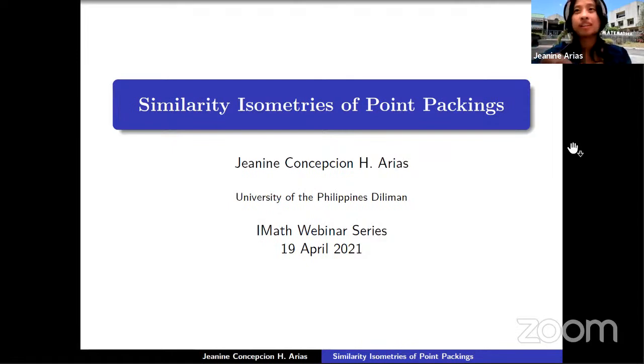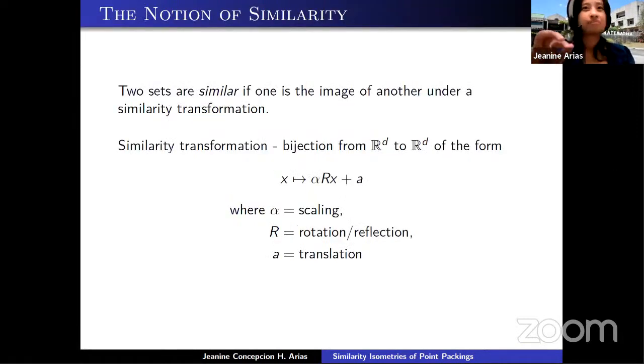So, let us begin by discussing the notion of similarity. Two sets are similar if one is the image of another under a similarity transformation. A similarity transformation involves rotation or reflection, uniform scaling, and translation.